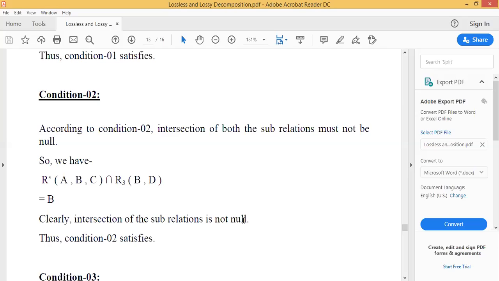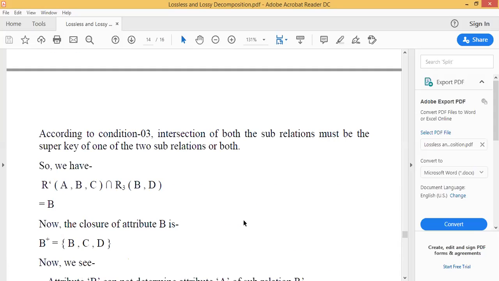According to condition 2, the intersection of both the subrelations must not be null. So we have R dash (A, B, C) intersection R3 (B, D). Here the common attribute is B. Clearly the intersection of the subrelations is not null. So condition 2 is also satisfied.